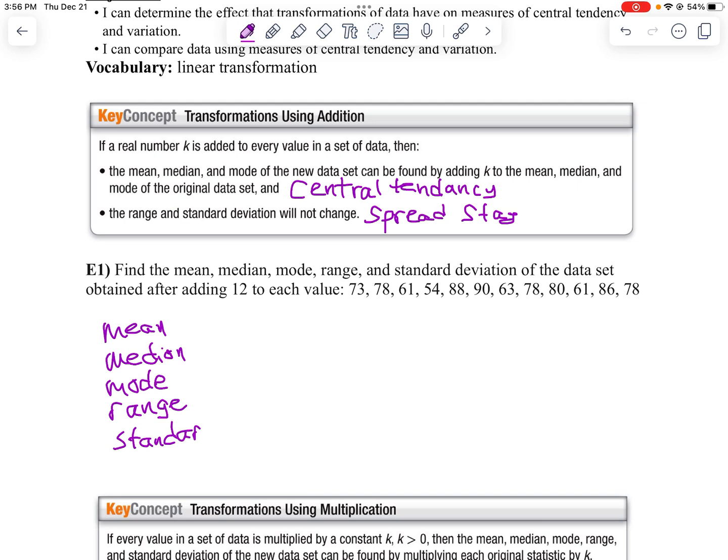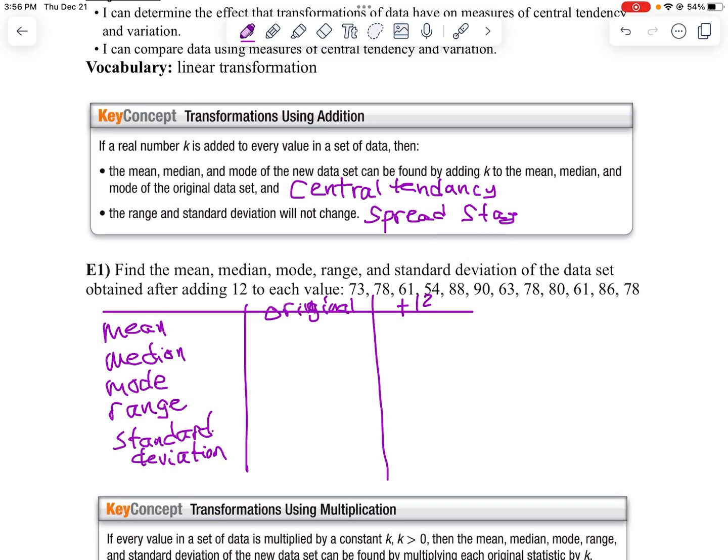See what I mean by multi-step? First for my original data set, and then look what happens when I add 12 to each of those numbers.